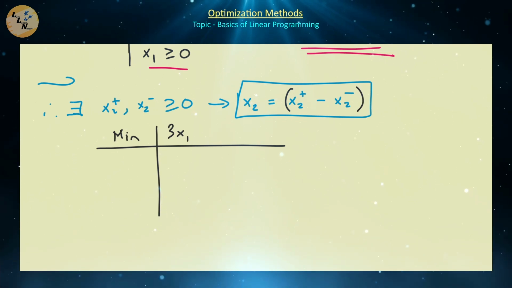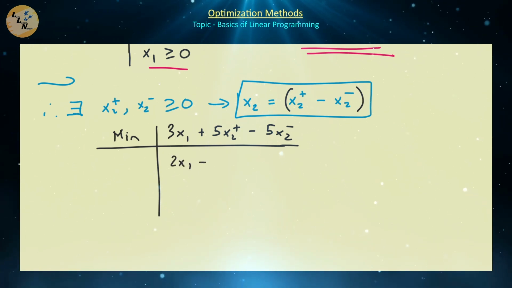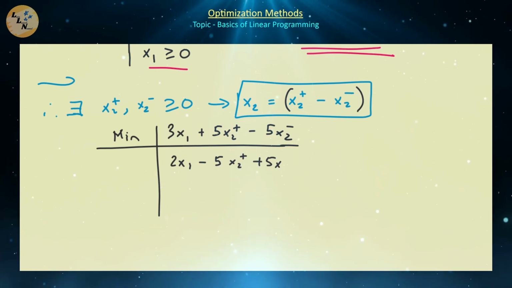So once we distribute that out, that's going to give us 5x2 plus minus 5x2 minus. Make sure you distribute those constants and not forget them, especially if that leading sign was negative. That means that next one would be a plus, not a minus. So for our constraints, that's going to give us 2x1 minus 5x2 plus plus 5x2 minus is equal to 7.